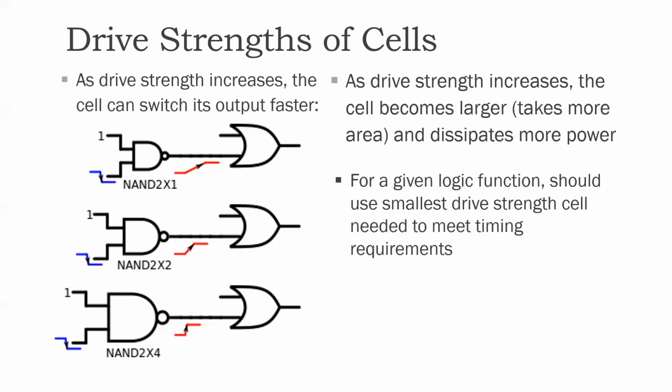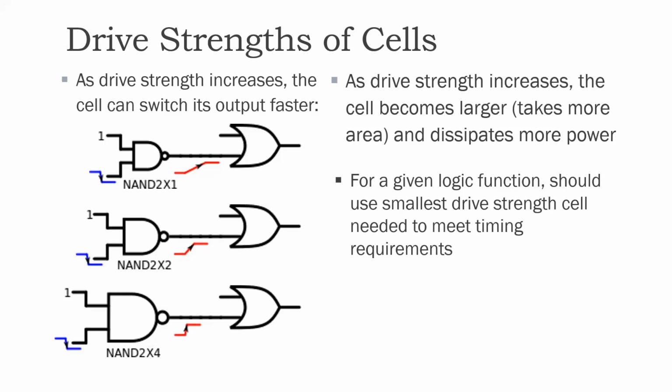With NAND 2 X1 drive strength, the gate takes longer to go from low to high in response to the change in input. As the drive strength increases, the transition time at the output decreases. The output switches much faster. It goes from low to high much faster. So that's one key aspect of change in drive strength.